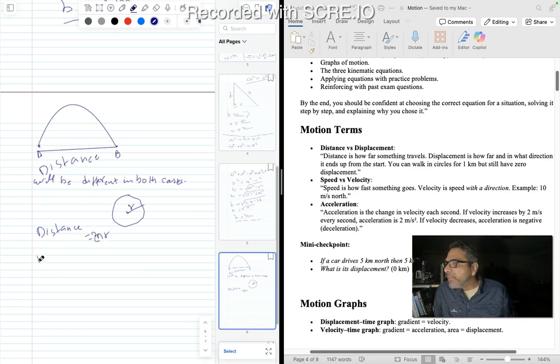But the displacement, according to the definition, will be 0 centimeter or meter, whatever it is.